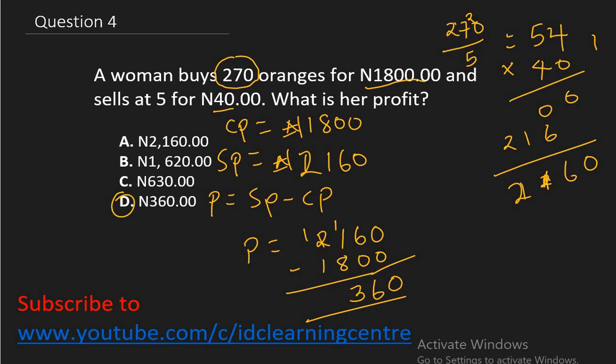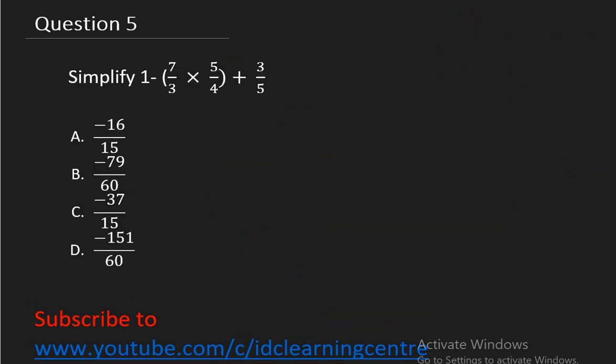Alright, question 5. This question says, simplify 1 minus bracket 7 over 3 times 5 over 4 close bracket plus 3 over 5. Using BODMAS, we solve for the term inside the bracket, but I'll just drag this one along. 1 minus 7 times 5, 35 over 3 times 4, 12, plus 3 over 5.